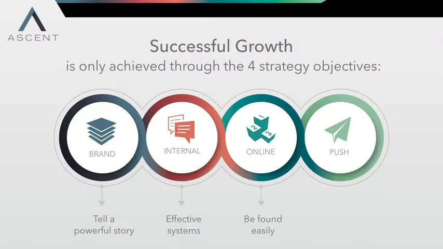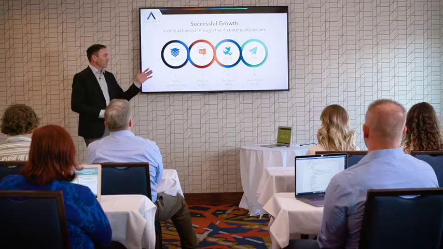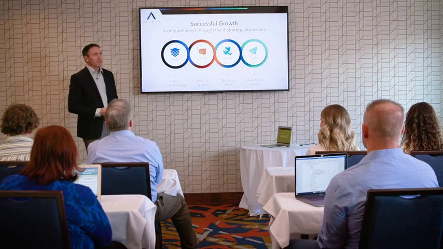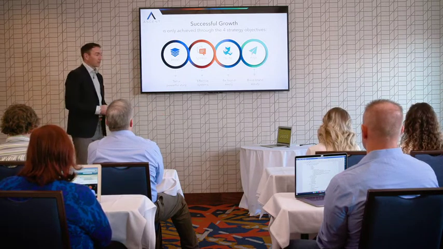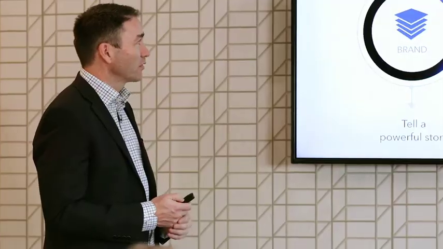Online is to be found easily and in the right searches, right? And then finally, your push strategy is to build brand equity. Brand equity is how people remember your business. If people don't remember you, they're not going to trust you as much. And so none of your other marketing is going to work. So those are the 4 strategy objectives.